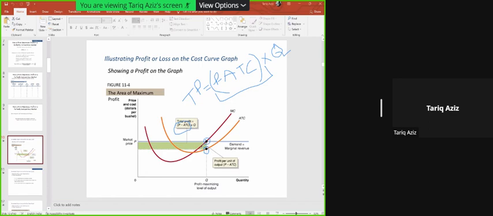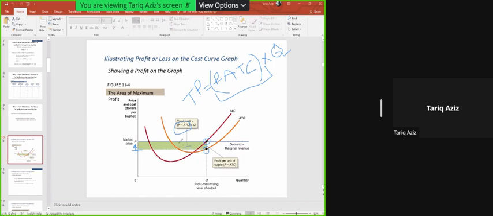Why is this profit? Because average cost is lesser. Average cost is this much. This is the level which is the cost, and the price at which the firm is selling is higher. So the difference between cost and price is profit.